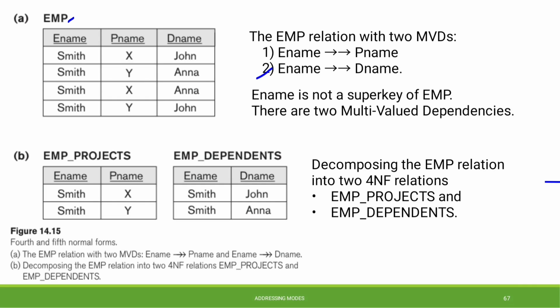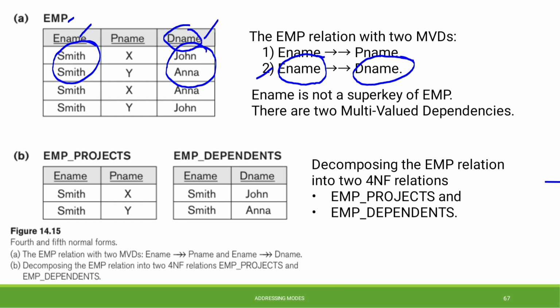The second multi-valued dependency shows that the same ename attribute's single value decides the multiple values of the dname attribute. If you observe here, the single ename value, Smith, decides the multiple values, John and Anna, of the dname attribute.